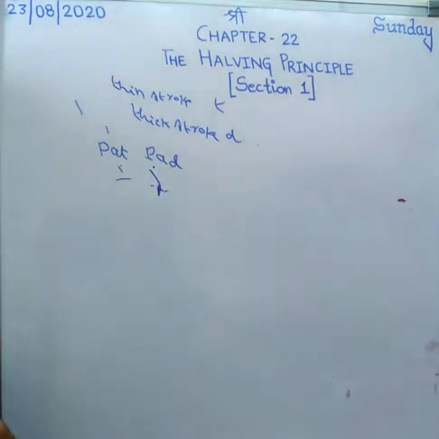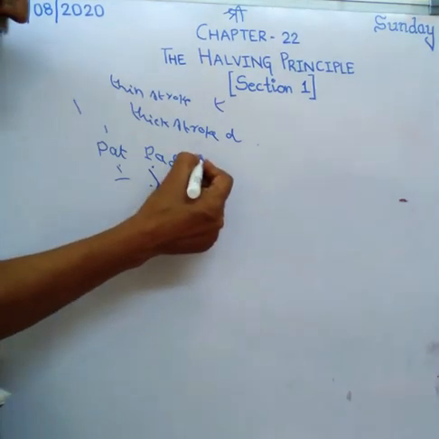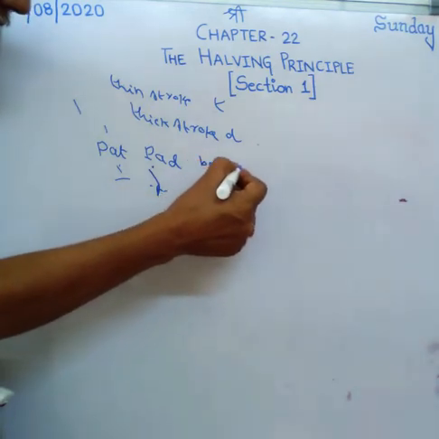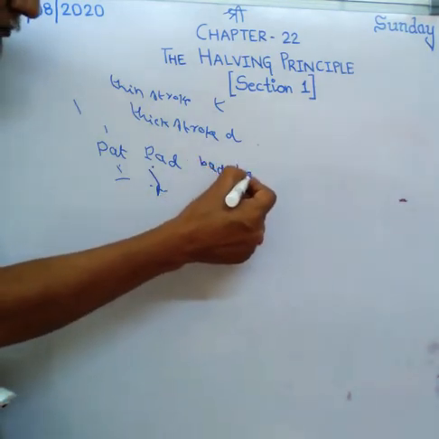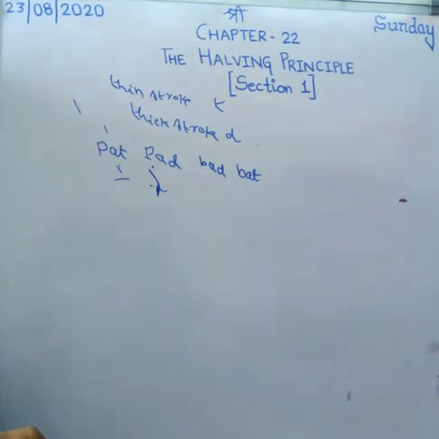In the same way, when a thick stroke is halved, only D is added, not the sound of T. For example, bad, bat. Bad, B plus R plus D. B is a thick stroke.